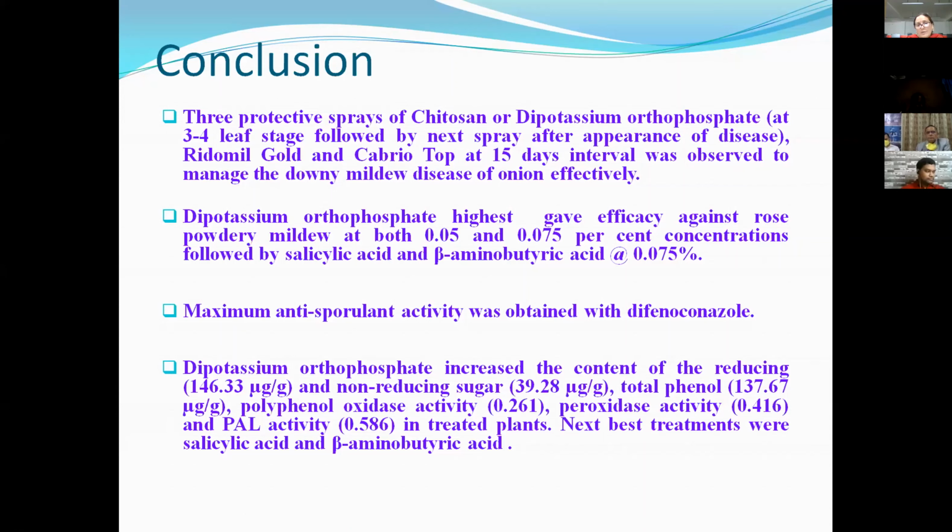So naturally we can recommend to our farmers that dipotassium orthophosphate or salicylic acid can be used for controlling this powdery mildew pathogen.